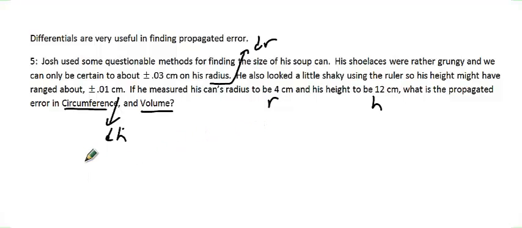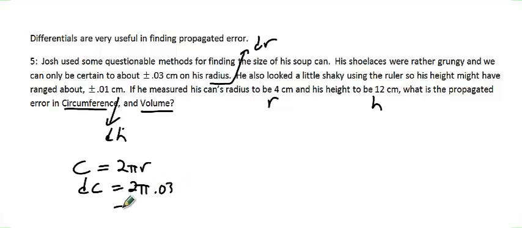Okay, well, the circumference, and we're just looking at a can, is just 2 pi r. So for the propagated error in circumference, your change in circumference is 2 pi dr. So our propagated error in circumference is, well, we just plug in the dr, 0.03 here, and I get about, well, change. I mean, you can put plus or minus on there if you'd like to. So it's just the error, which usually you don't do.